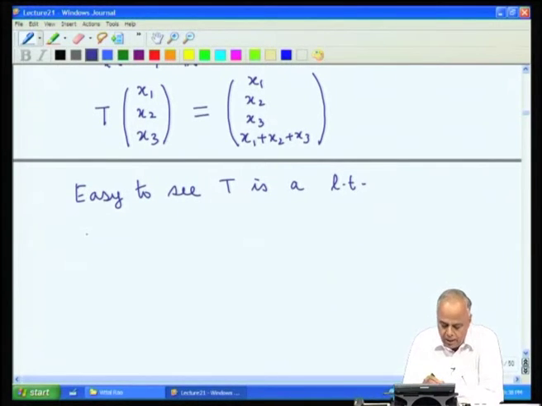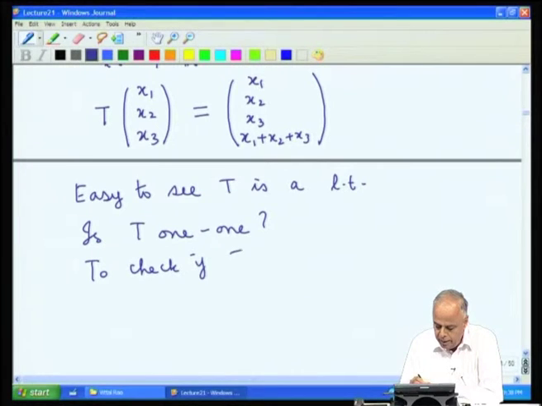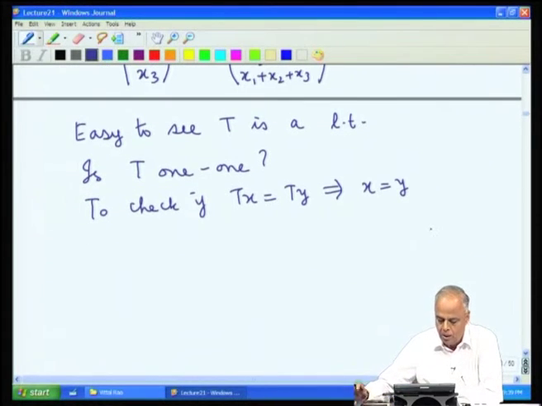We shall now check whether T is 1-1. What do we have to check? Again we have to check if T x equal to T y implies x is equal to y. So, let us say T x equal to T y.